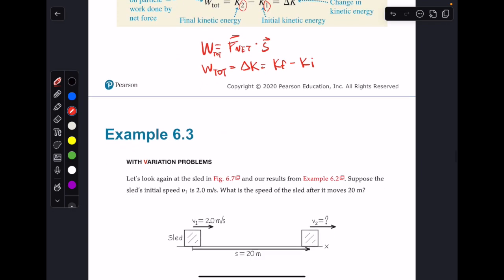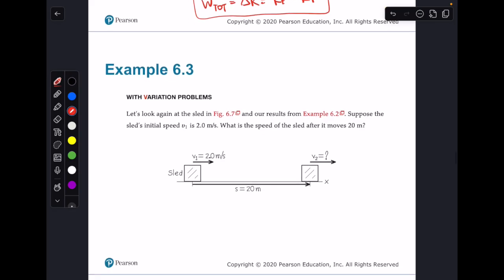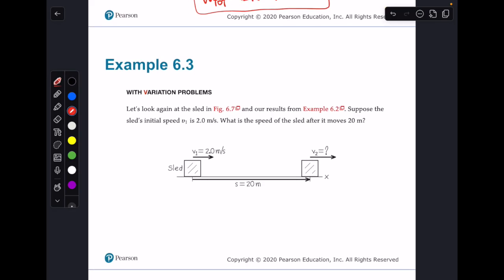So we have two definitions now for total work. Let's look at a problem where we utilize the work energy theorem. We can take a look at an example that we did a little bit ago, and find the speed of the sled after it's moved 20 meters. This is the sled that is attached to the tractor.